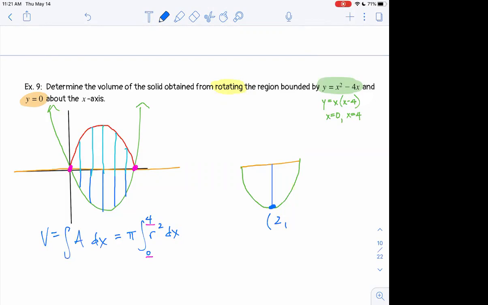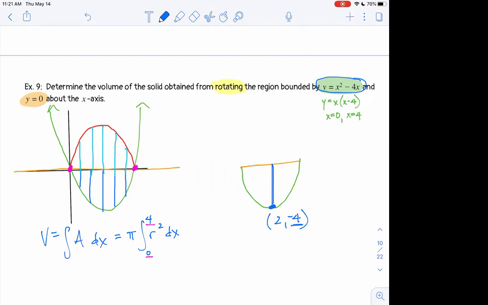-4, very nice. And I'm presuming you got that by plugging it into this equation. And so when we look at this, that means that this line, which is my radius, has a length of -4.